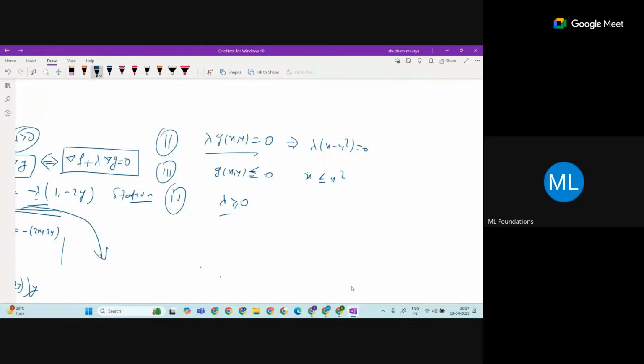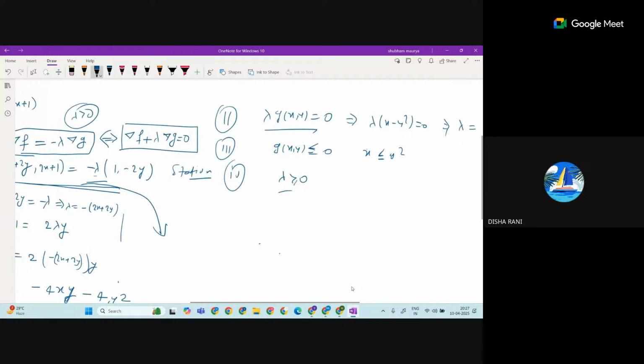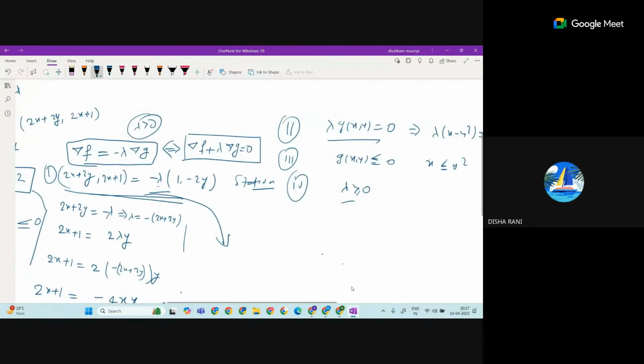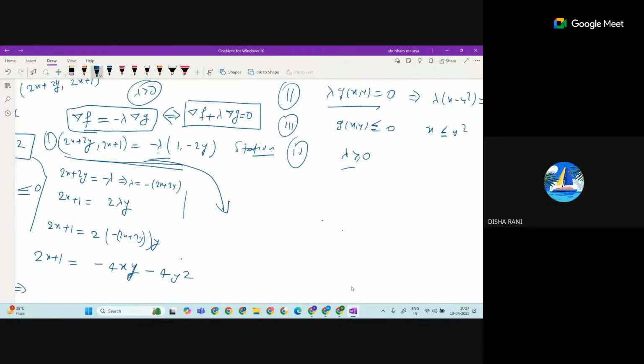So we put this in the stationary condition. After putting values in the stationary condition, we got values of x and y, and then checked the primal feasibility condition. That was also satisfied.